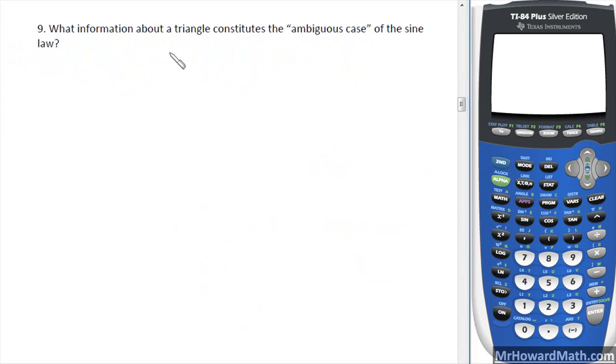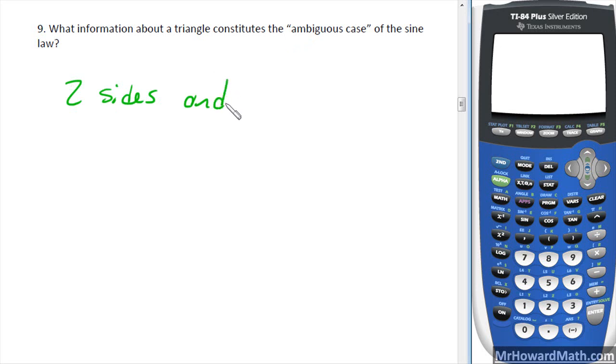Now for question 9, what information about a triangle constitutes the ambiguous case of the sine law? So that would be two sides, when you're given two sides and a non-included angle. That's the setup for the ambiguous case.